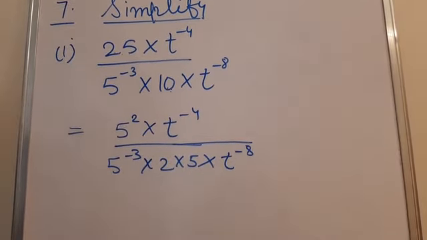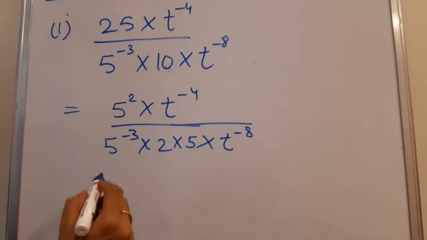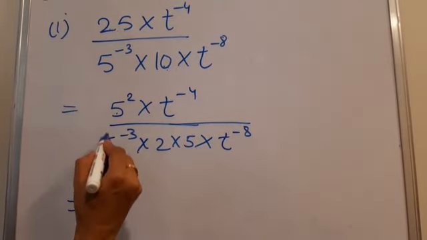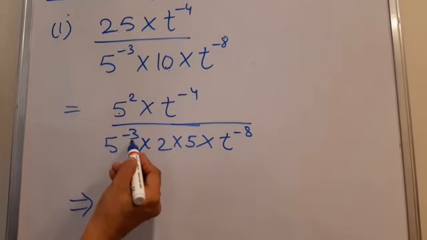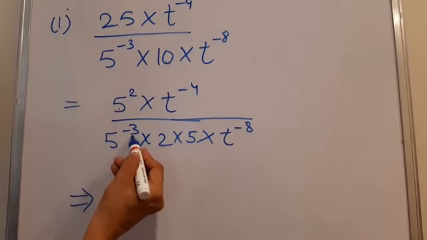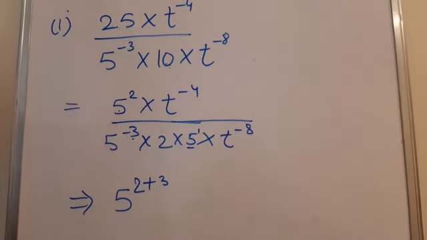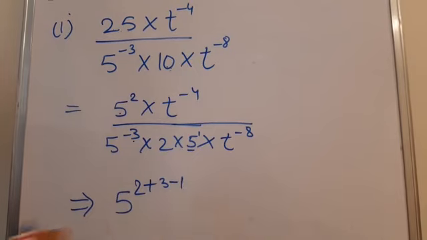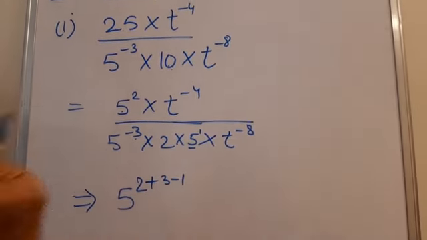Now first of all I'll collect the terms whose bases are the same, like 5 raised to power 2 is given to you, minus 3 will become positive when I take it in the numerator. Here 5 raised to power 1, when I take it in the numerator it will become minus 1. Now I have collected all the powers of 5.